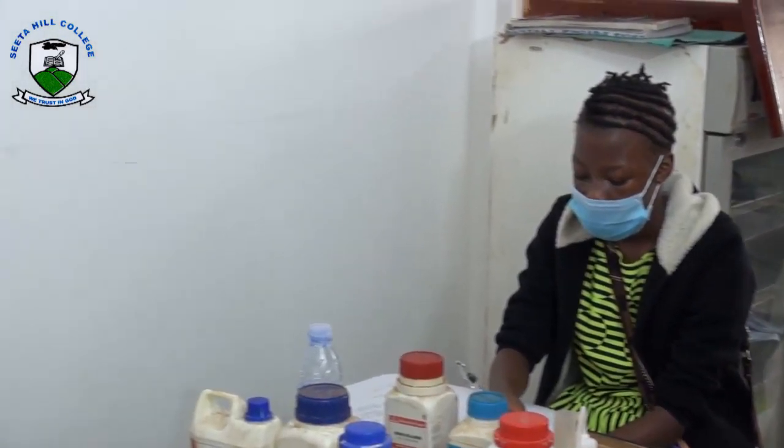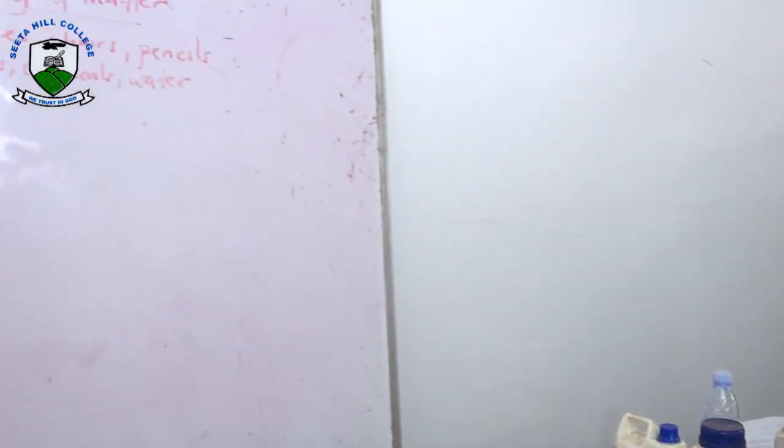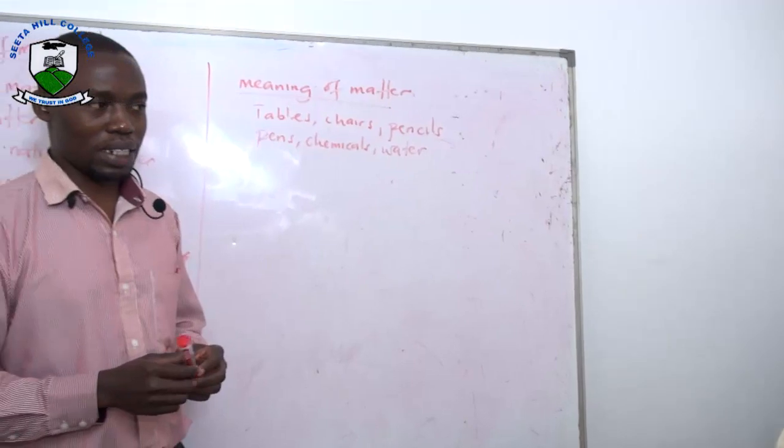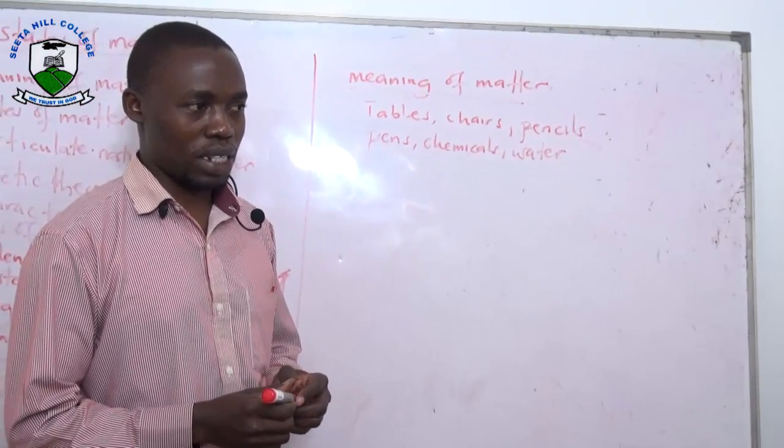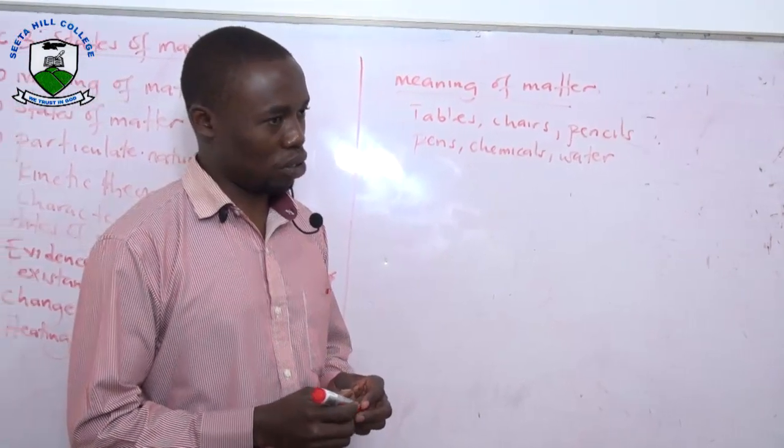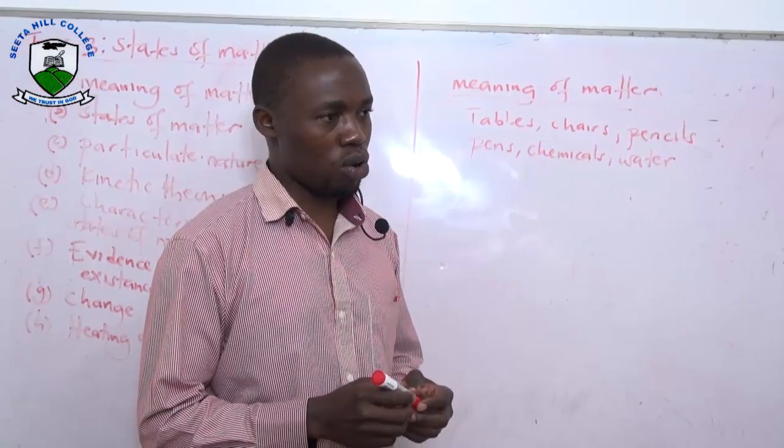Does a pencil occupy space and have weight? Sure, that qualifies it to be matter. So matter, by definition, means anything that occupies space and has weight, or rather mass. We can say weight or mass.